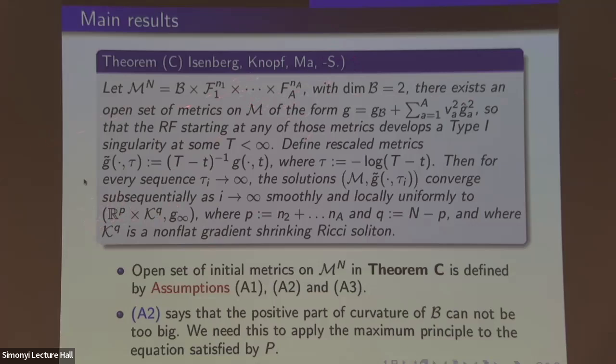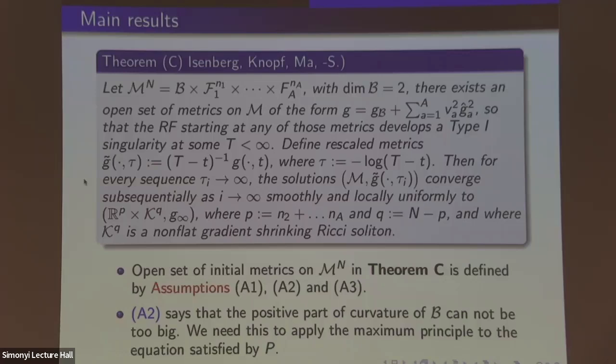And then only from the base cross the first fiber can you get this K^Q. If you just count the dimensions, that's how the dimensions above relate to the dimensions in the limit. So K^Q basically comes from the base cross F1. And so we can say that K^Q is just a non-flat gradient shrinking Ricci soliton, but we would like to say that it is also a generalized cylinder.